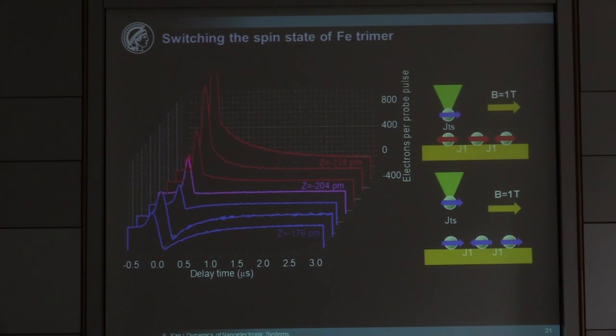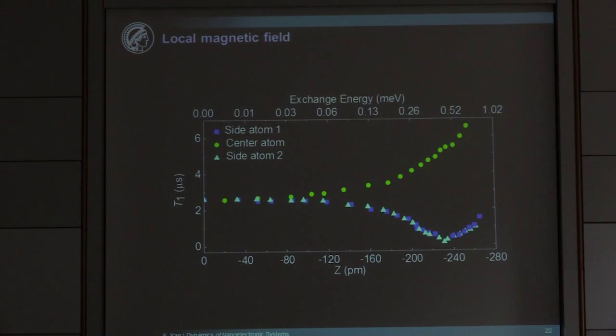And then if you keep going, the sign of the pump-probe signal will change. We thought this is because we reversed the spin of the trimer through the interaction with the tip. This is a measurement on the center atom, and this is the side atom.